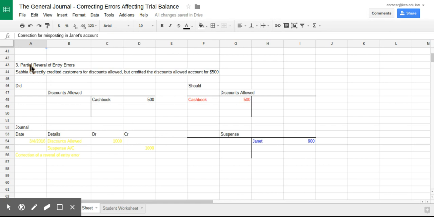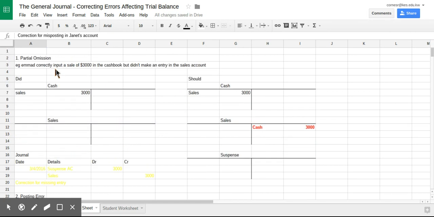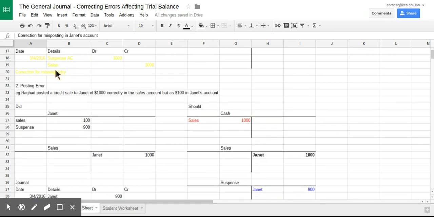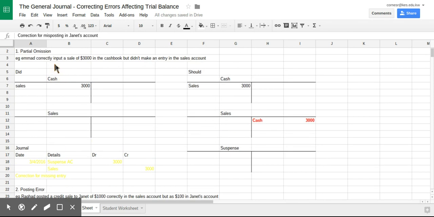Second entry we've actually found is a partial omission. So Emad had correctly input a sale of $3,000 in the cash book, but didn't make an entry in the sales account. So he's correctly debited cash. There's nothing in the sales account, and there should have been an entry put in of $3,000 on the credit side. So to correct it, I need to put the debit entry into the suspense account.